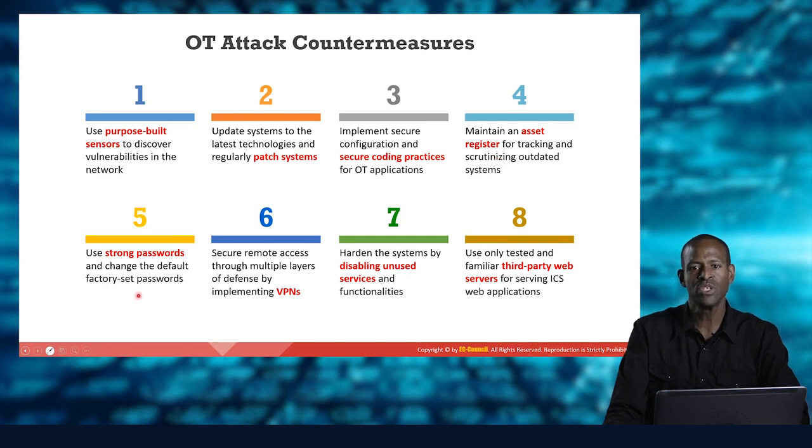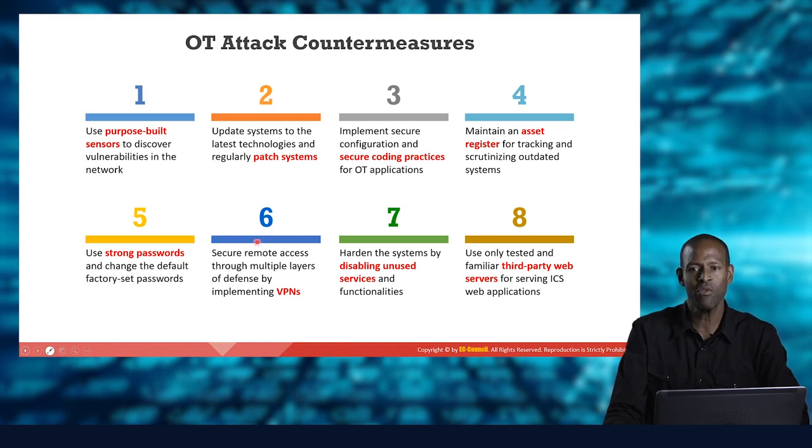Number five, use strong passwords. Not just strong passwords, but use long pass phrases. Get rid of those defaults. What's a default? Get rid of those defaults, and also get rid of factory set passwords of any type, and make sure that you secure using strong pass phrases.